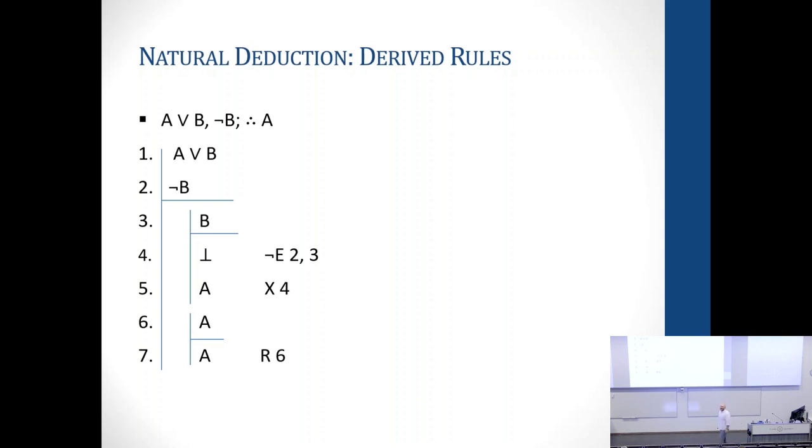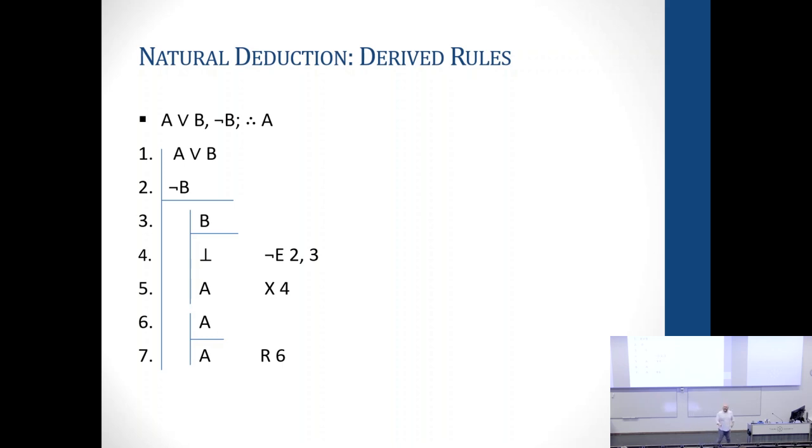So now look at what we've got. We've got a subproof that starts with B and gets us to sentence A. We've got a subproof that starts with A and gets us to sentence A. So what can we derive at line 8? We get sentence A, and what's the rule? We're going to mention both the subproofs.